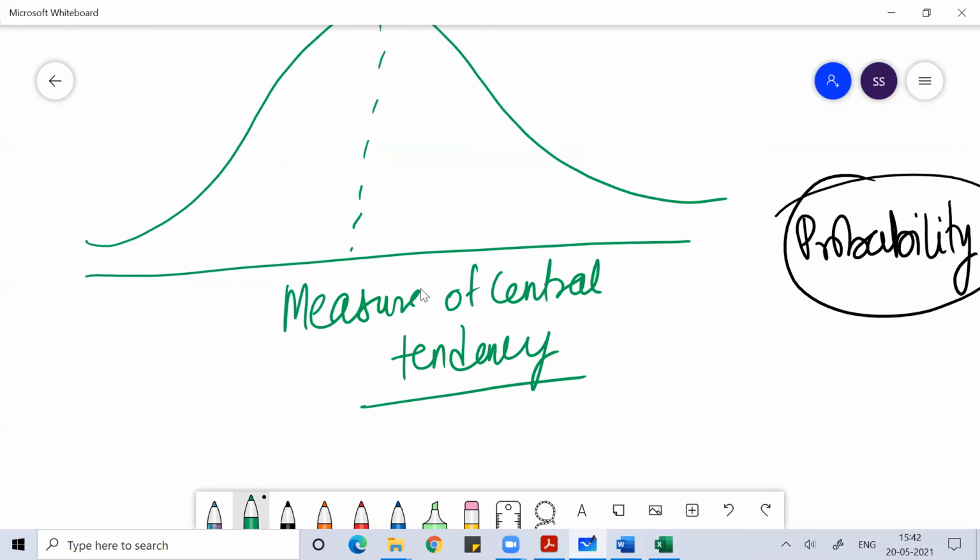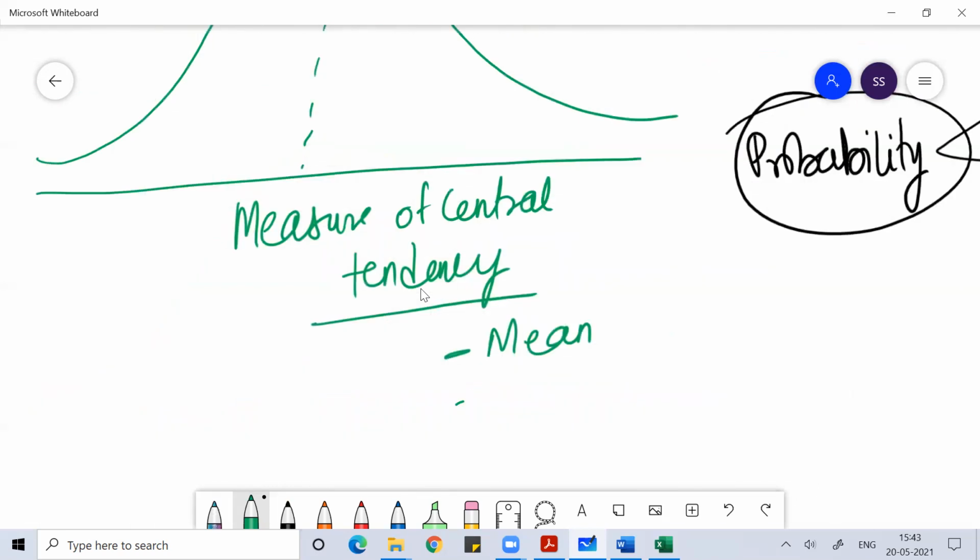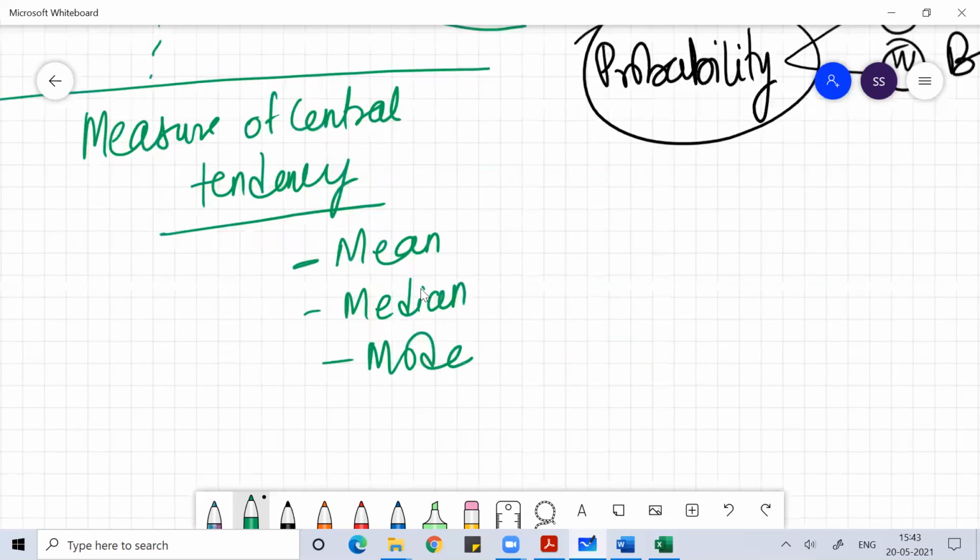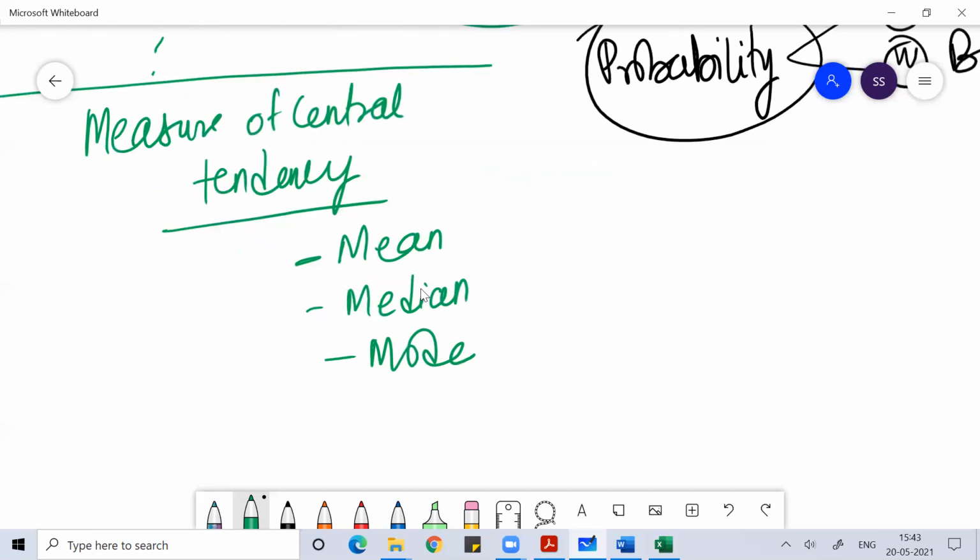Under measure of central tendency, we need to study mean, median, and mode.